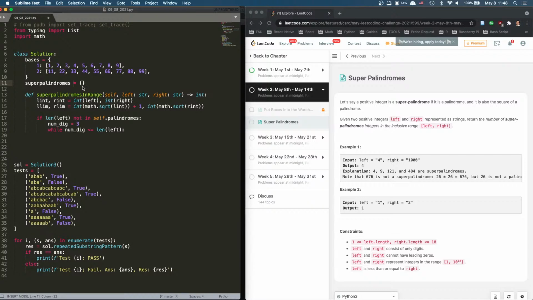So we have the left limit with the right limit, right? And then the left limit, we need to find the bases, and we check the number of digits on the left limit, right? And then if the digits that we have found already, then we use that to populate the super palindromes, right?